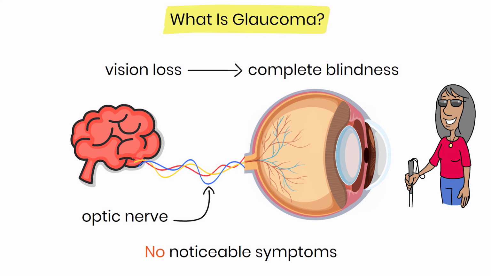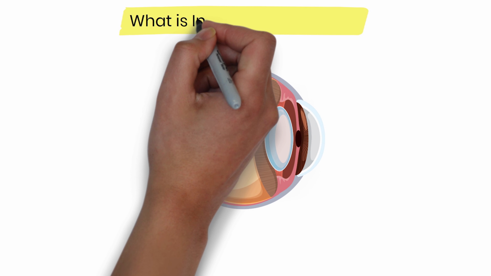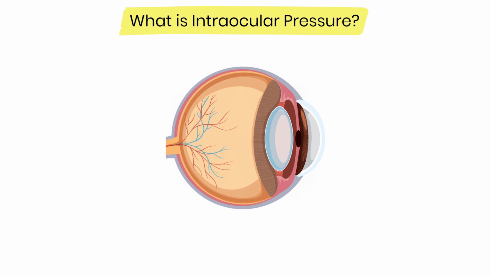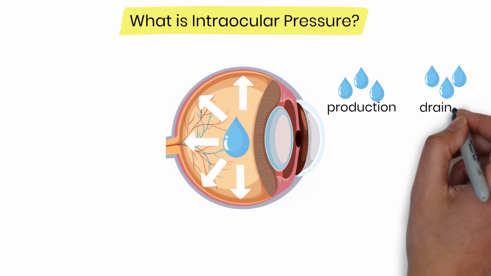Now, before we dive into the risk factors, it is important to understand one key measurement that doctors use when evaluating glaucoma. This measurement is called intraocular pressure. Intraocular pressure is simply the amount of fluid pressure inside your eye. Think of it like the air pressure inside a tire. Your eye is constantly producing and draining fluid, and the balance between production and drainage determines the pressure inside your eye.